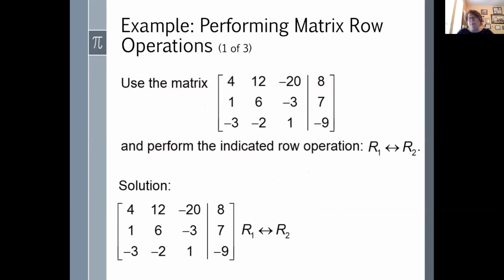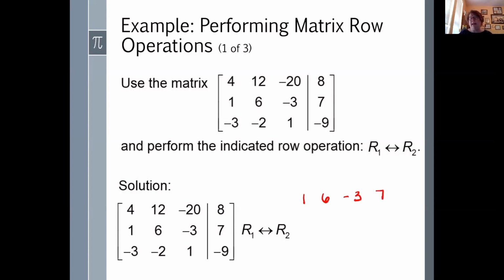And what does that row operation say? It says to interchange rows 1 and 2. That means you simply flip them. So row 2 becomes row 1, and row 1 becomes row 2. So what would we get? We would get 1, 6, -3, 7.